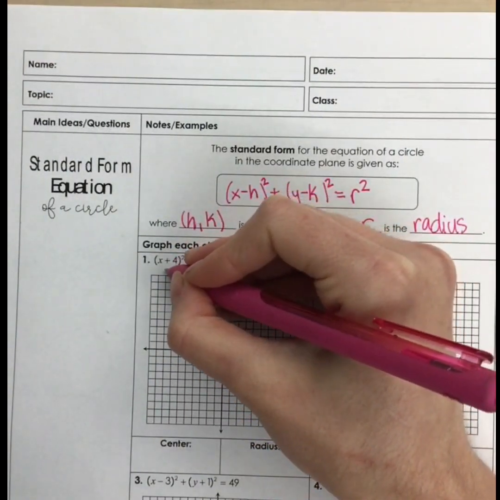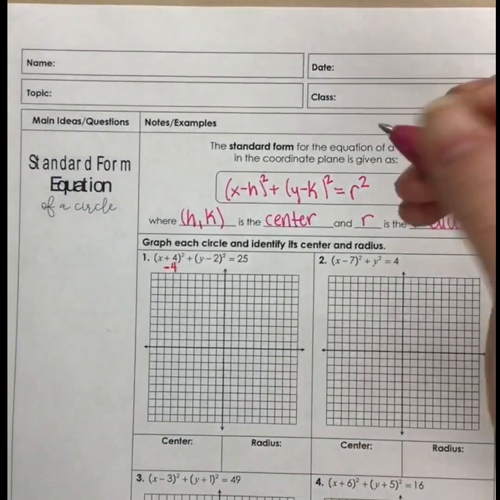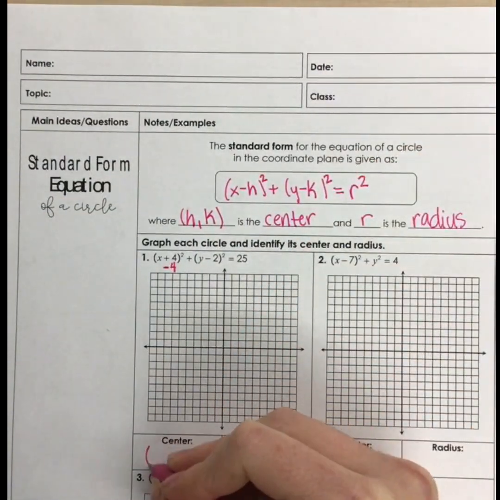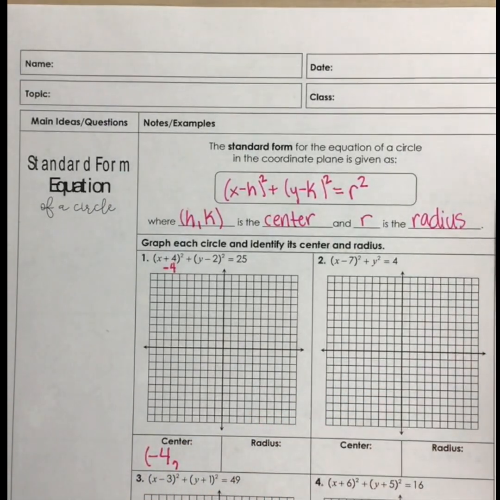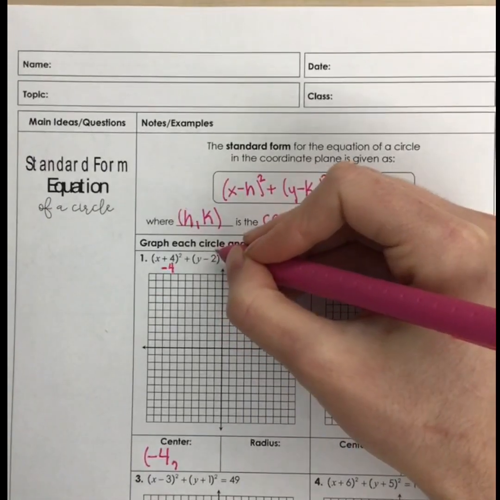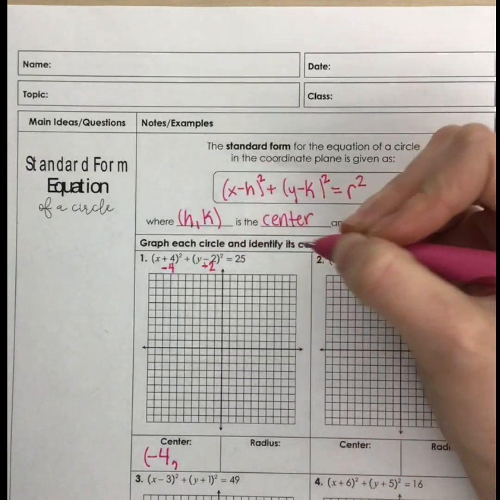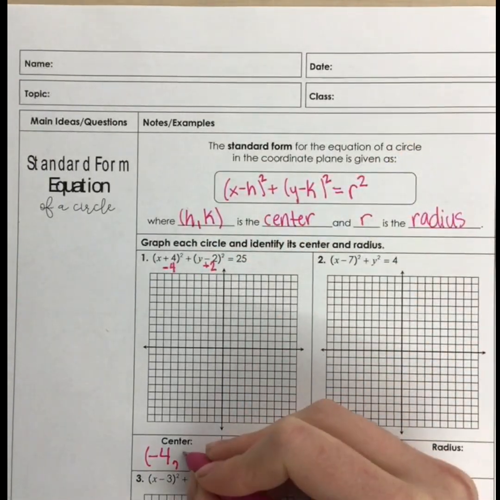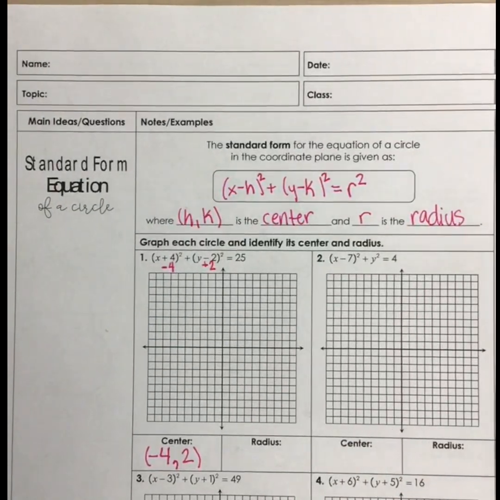So the opposite of plus is minus, and I have 4. So that tells me for my center point, the x part, or the h, is minus 4. For y, I see that this is negative. The opposite of a negative is a positive, and k is 2. So in this case, we have a positive 2 for the y point in our center.